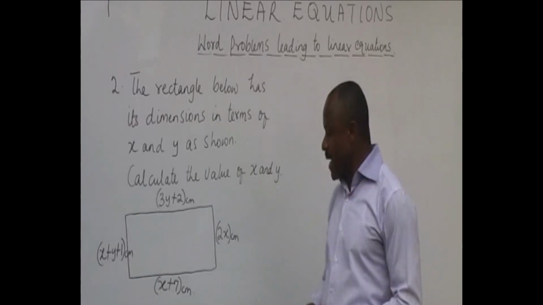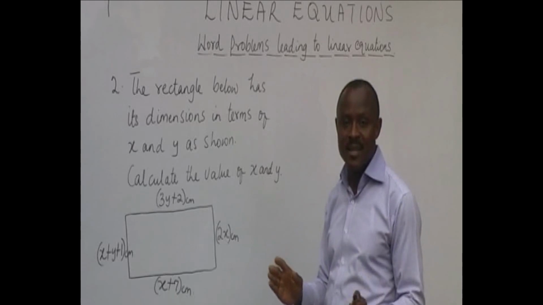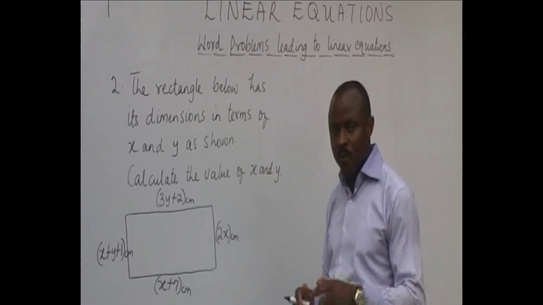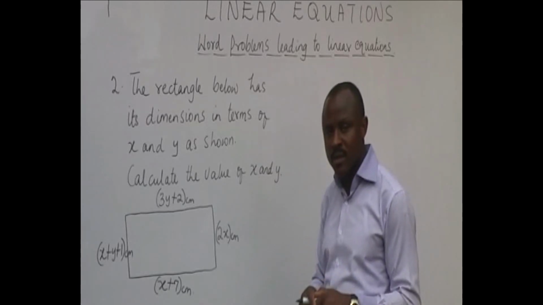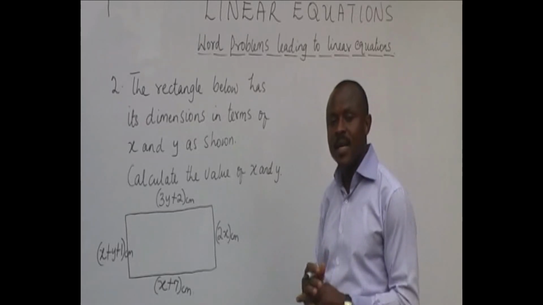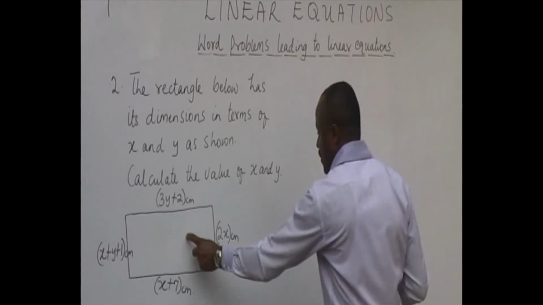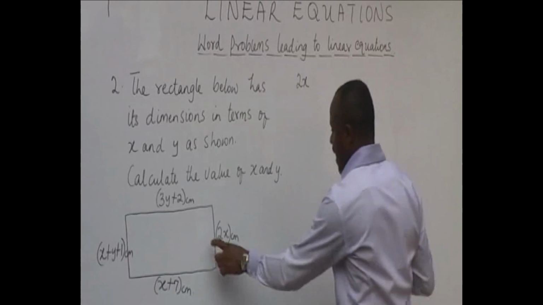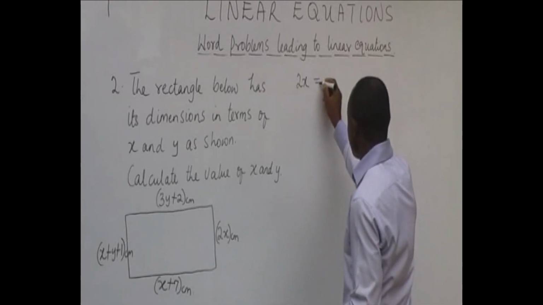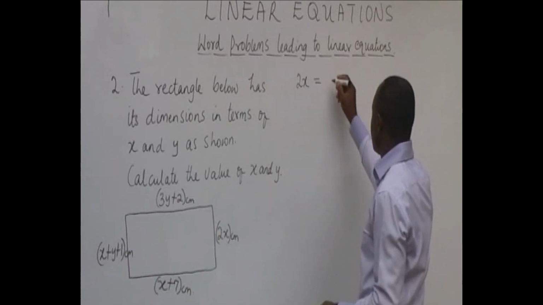You and I know that every rectangle has its opposite sides equal to themselves. With that principle, we are going to draw equations and from there find the value of x and y. If this is a rectangle, it means that 2x, this side, is equal to this side, x plus y plus 1.